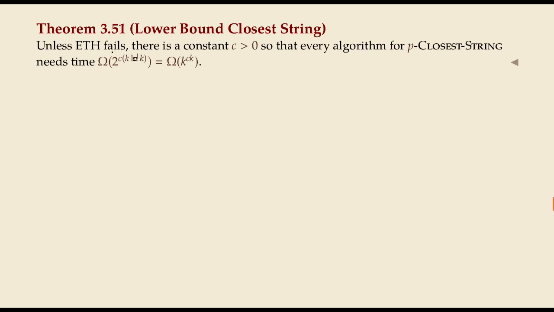So we should have written: unless W[1] is FPT, there's no FPT algorithm for this and that problem. And if you unfold all the definitions, these statements are not so different from such statements. So it's a different technique. It also can be formulated in terms of reductions.